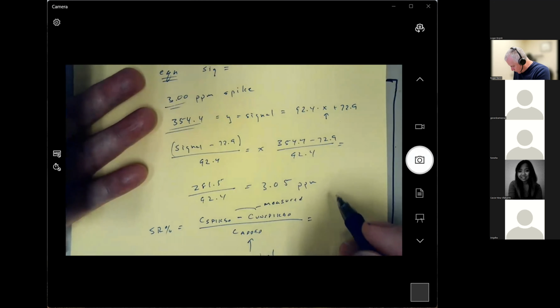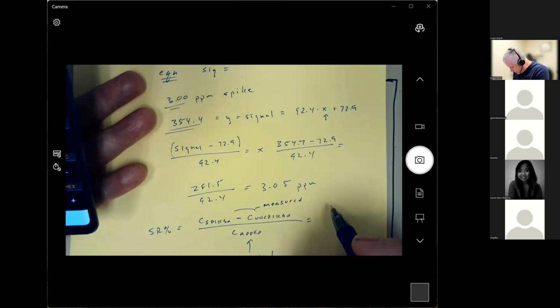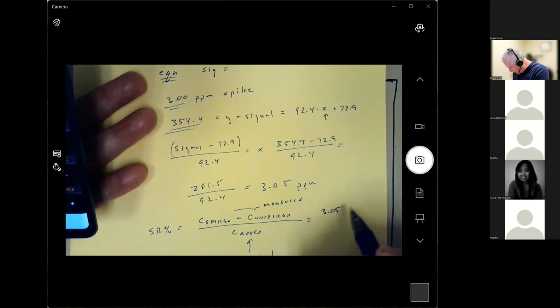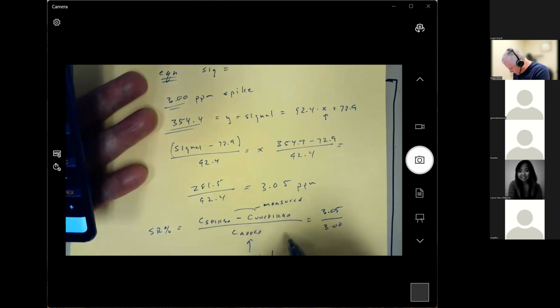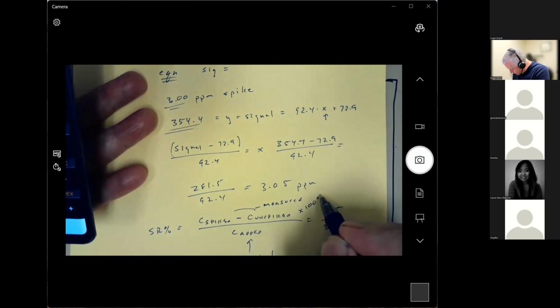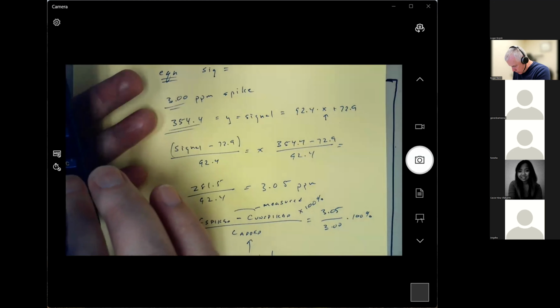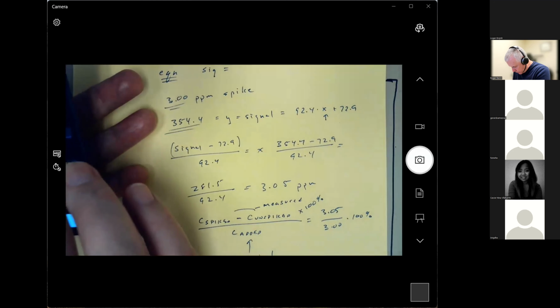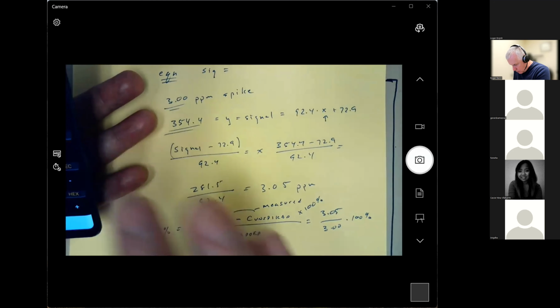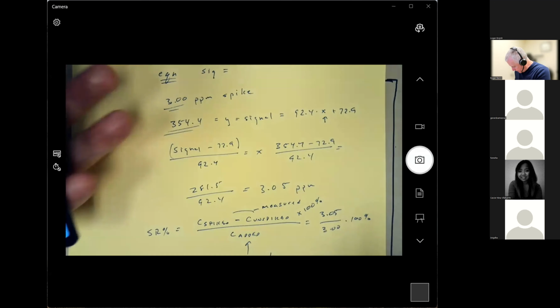And that will equal 3.05 over 3.00, and then this is times 100%, right?